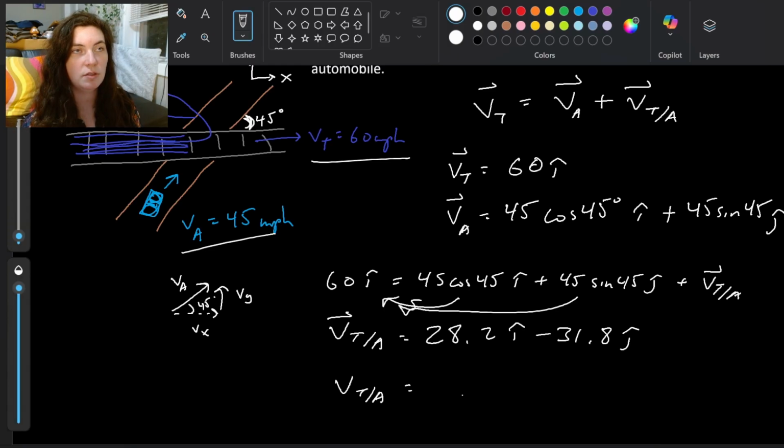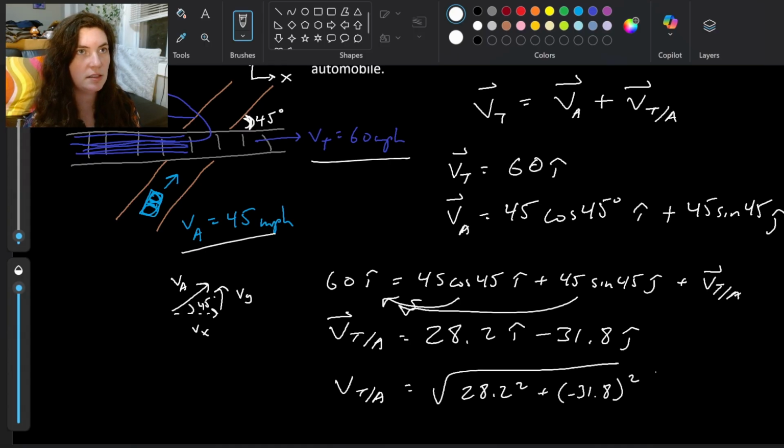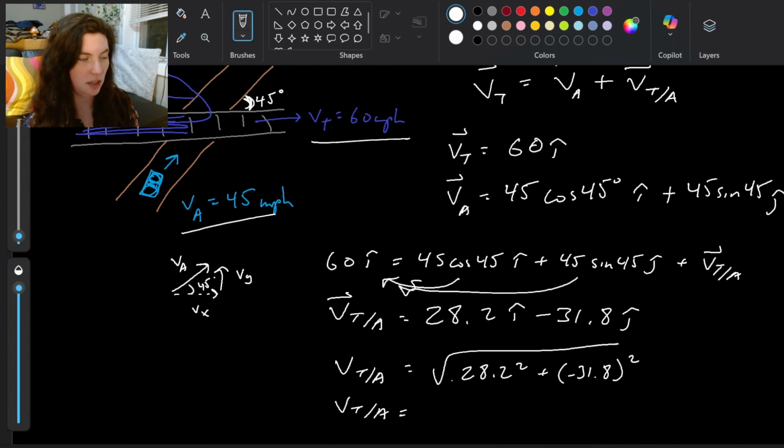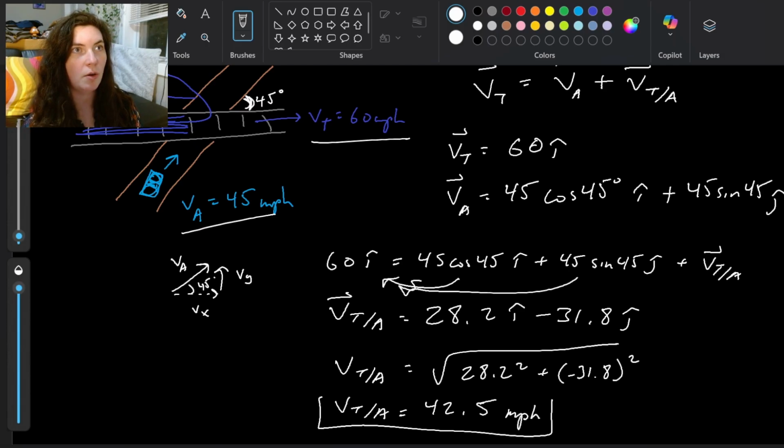So the magnitude of the velocity is going to be 28.2 squared plus 31.8 squared, which gives us a magnitude of our velocity of that train with respect to the automobile from our calculator is giving us 42.5 miles per hour.